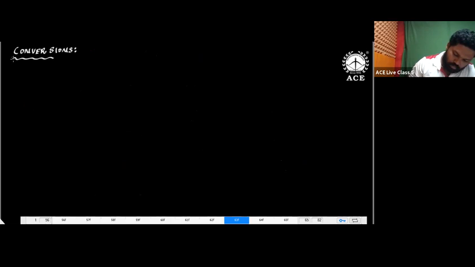Okay, let me turn the page here. Now let us do the conversions here. What are the conversions here? You can convert from r, theta, phi to x, y, z and vice versa.